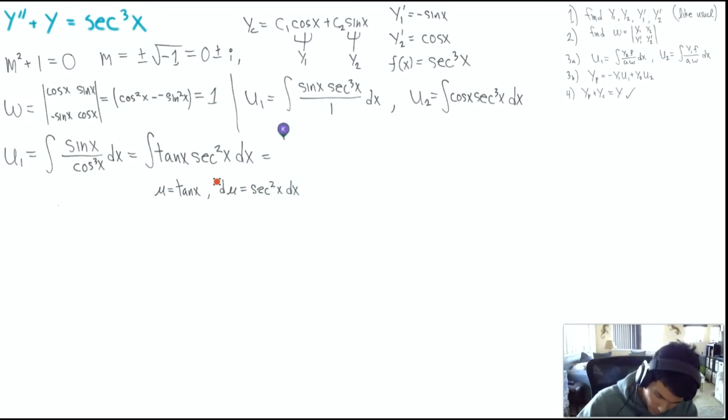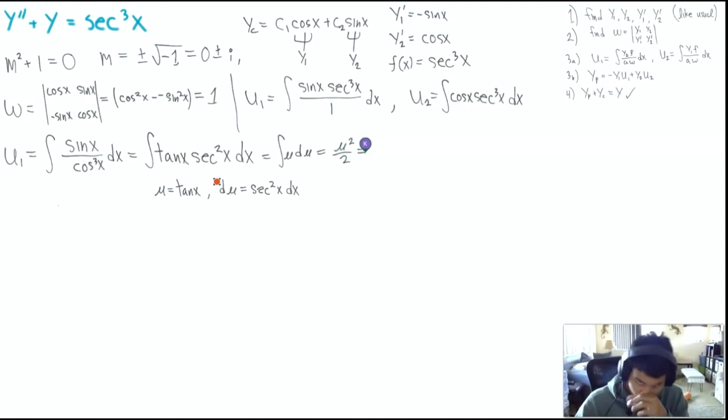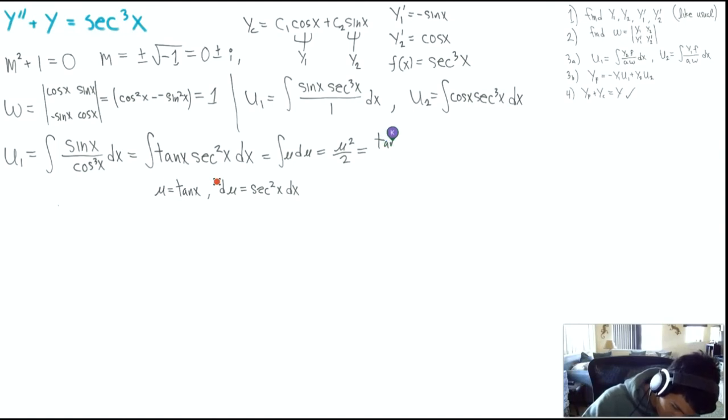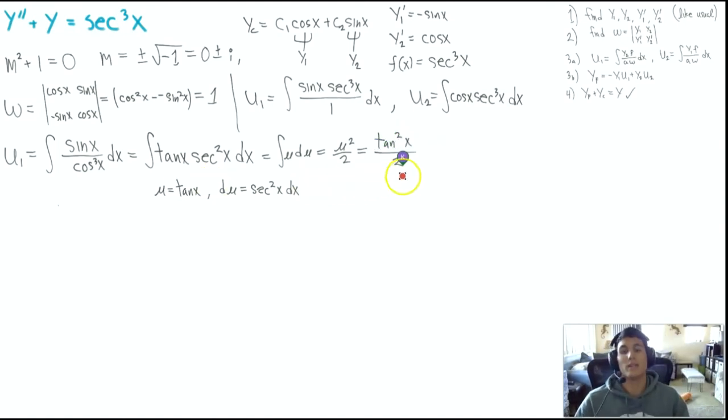And we can use this information to write it as mu d mu, which is mu squared over 2. Then you can convert this back to tangent. So you get tangent squared x over 2. Okay, this is u1. Nice, nice, nice. Let me move this over here.